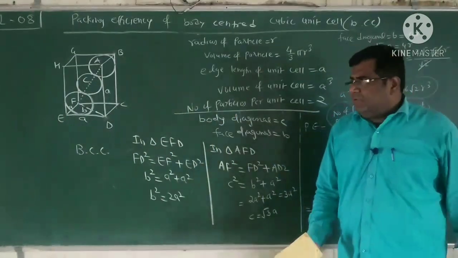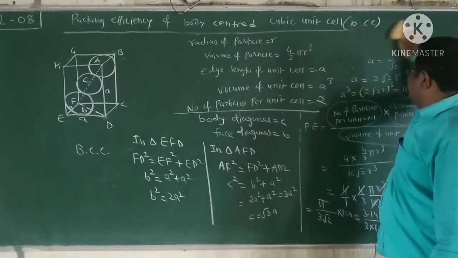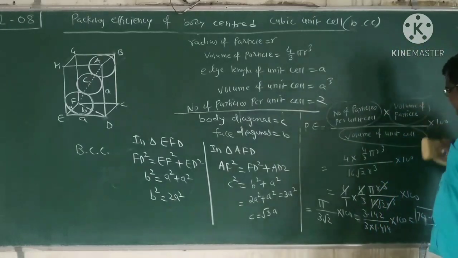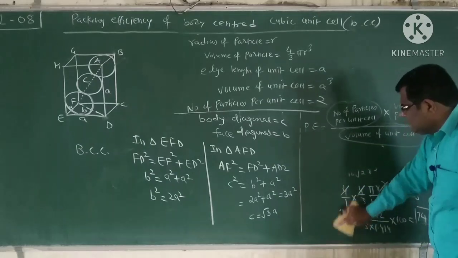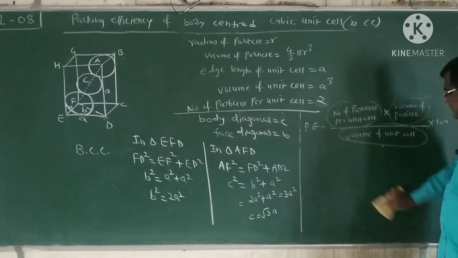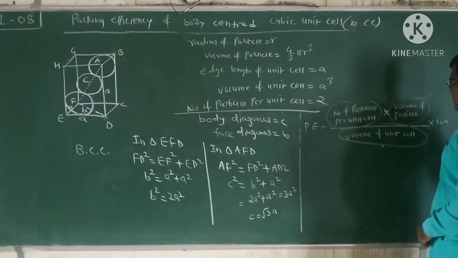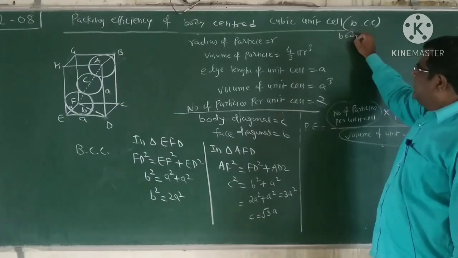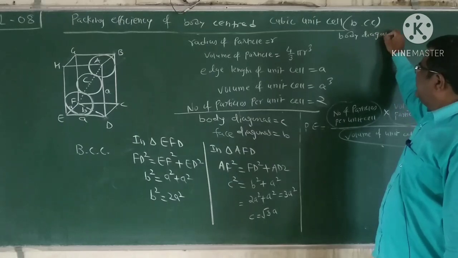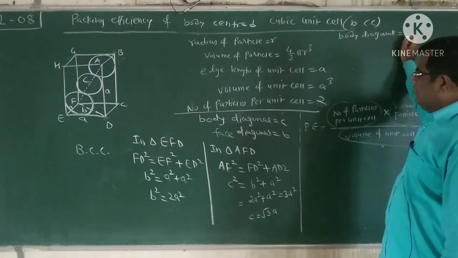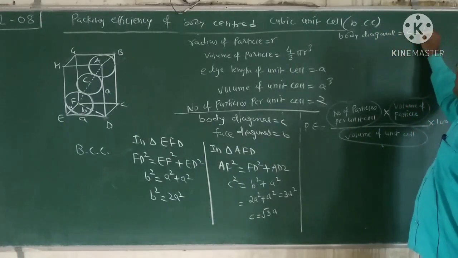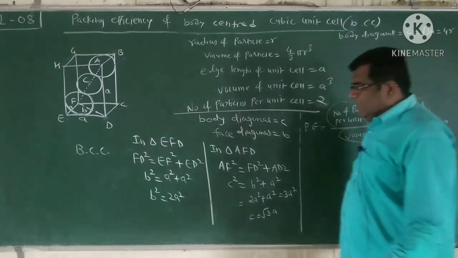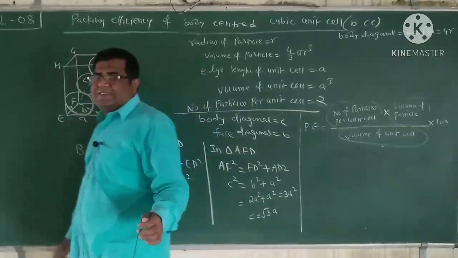Now we have to make slight modifications here because the A cube value will be different, and we have to make some changes in substitution and we get this equation. So you can write body diagonal C equals root 3 A, but that also happens to be 4 times the radius.